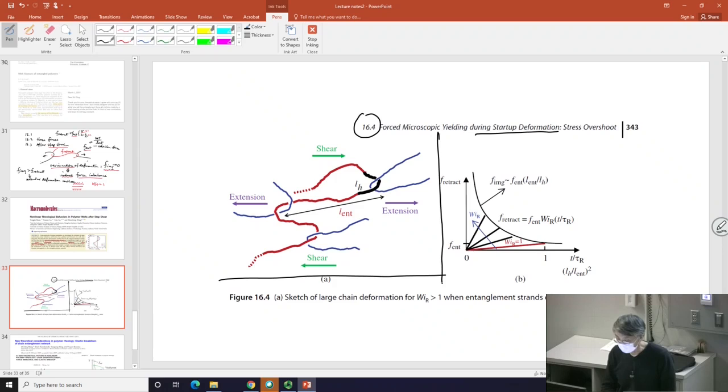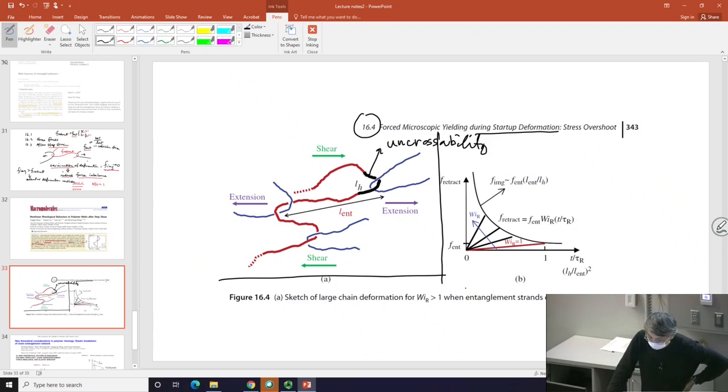Again, looking at the red chain, with other chains pulling on it through uncrossability, right? This is all produced by uncrossability. Because the chain in moderate deformation will not break.